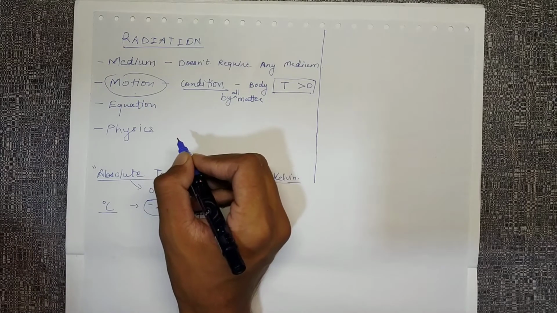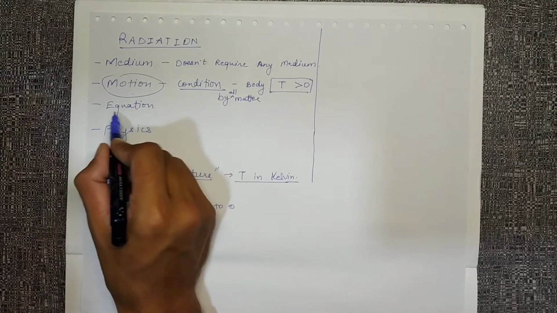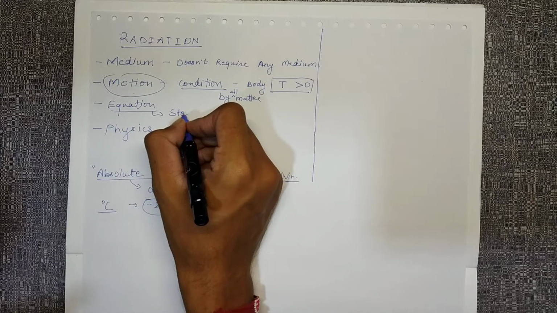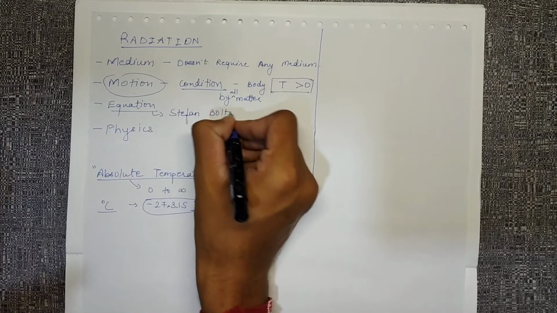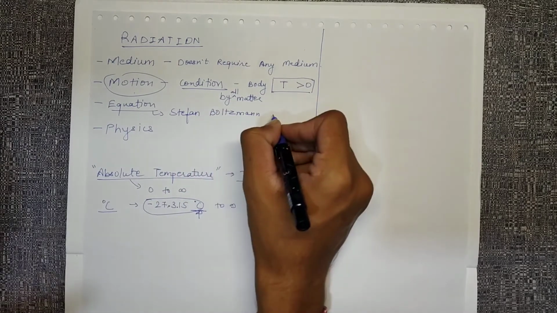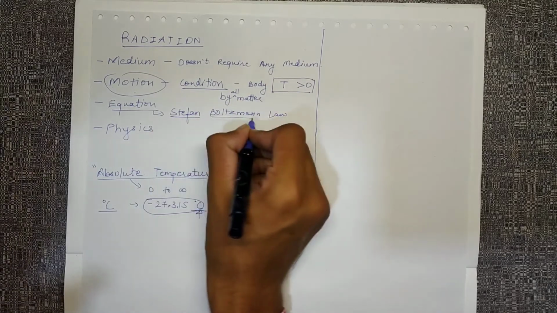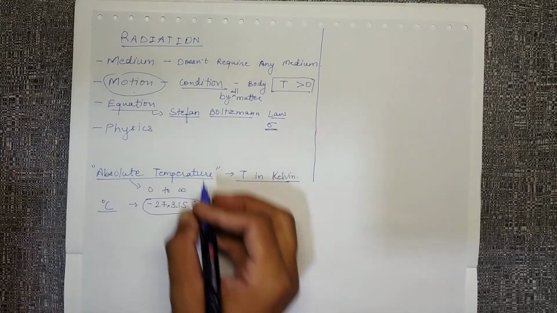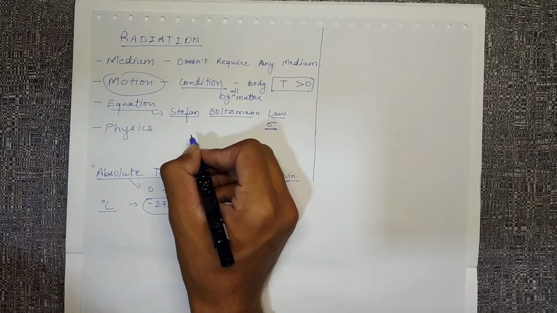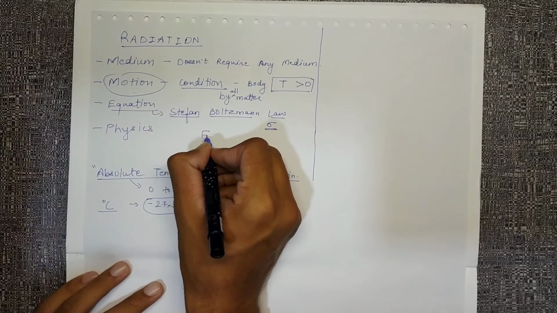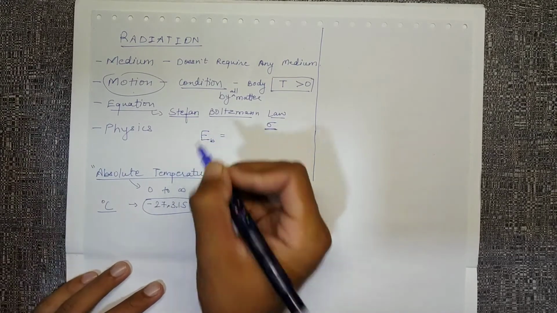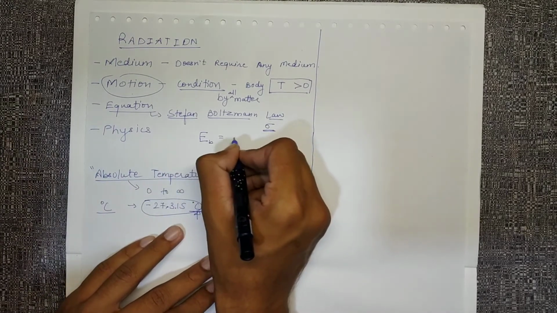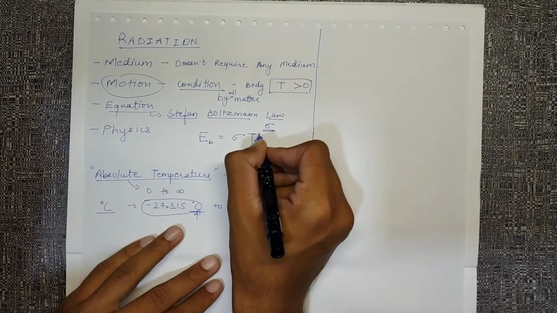Let's look at the equation now. It is defined by the Stefan-Boltzmann law, which involves sigma, the Stefan-Boltzmann constant. The maximum emission power of a black body, E_b, is given by sigma T_s raised to 4.